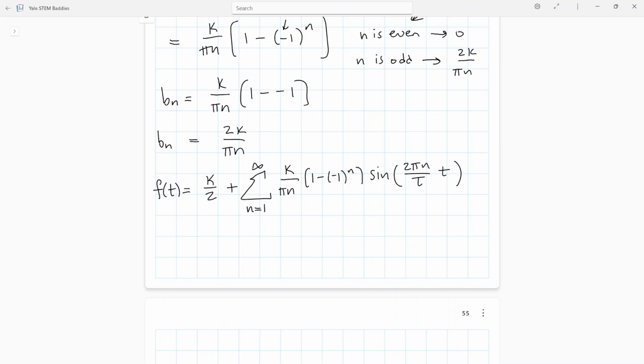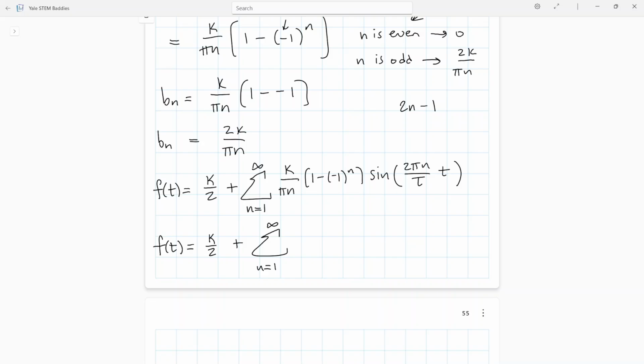We can instead focus on the odd terms and write this using only the odd coefficients. Everywhere I see an n, I'm going to replace it with 2n minus 1 to ensure that it is an odd integer. That makes sure we only focus on the odd components.